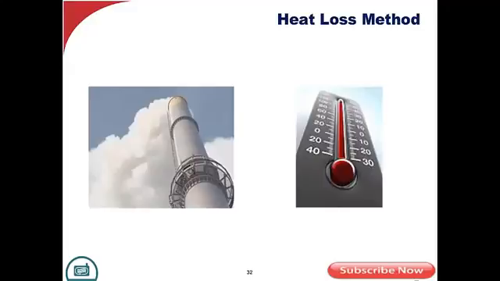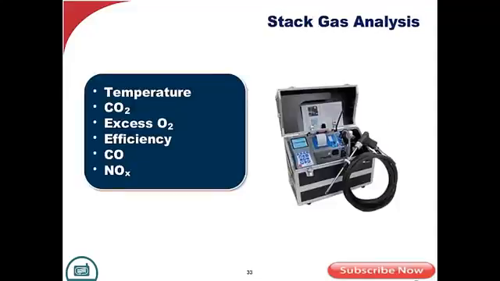It takes into consideration the constituents in that gas. And it also accounts for the moisture losses. So what we're looking for is the temperature, the carbon dioxide, the excess O2, what it is. Remember, I'm saying we're trying to hold as close to 3% O2 as we possibly can. It'll then give us a net efficiency overall.